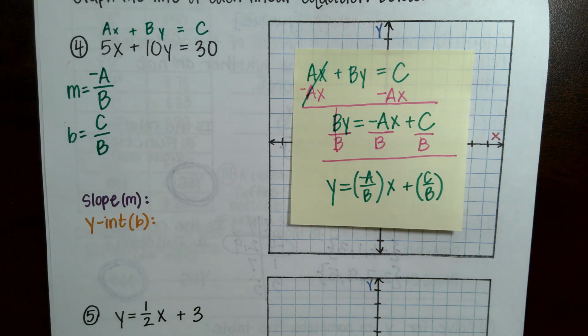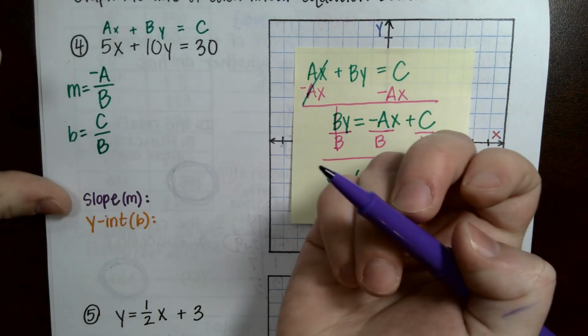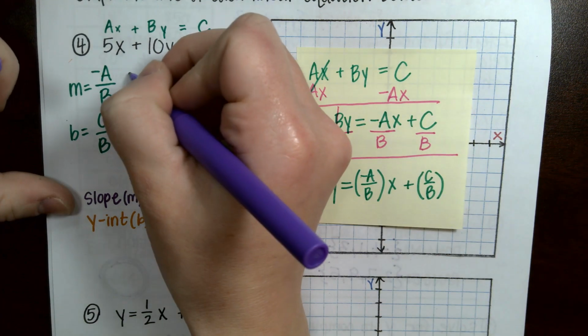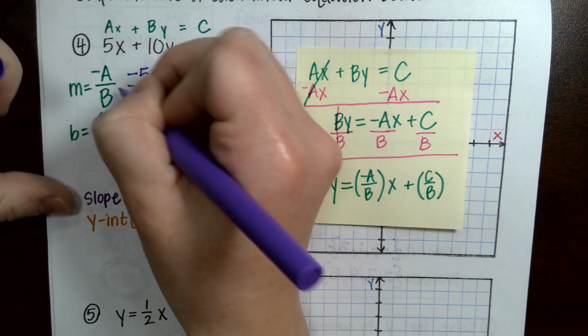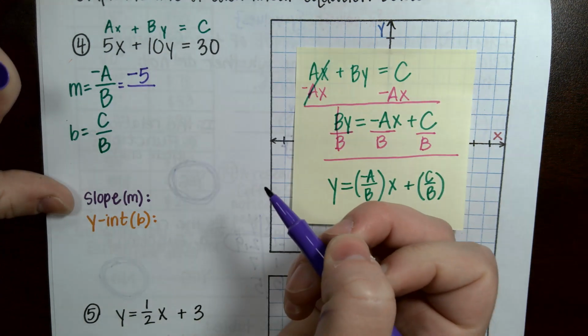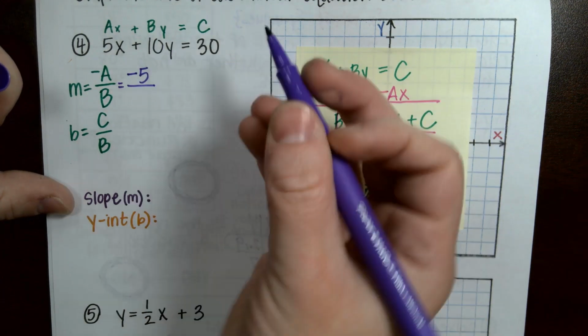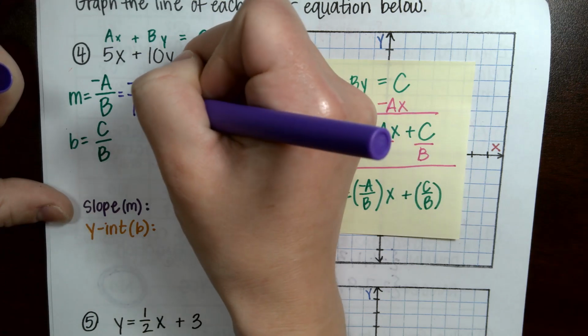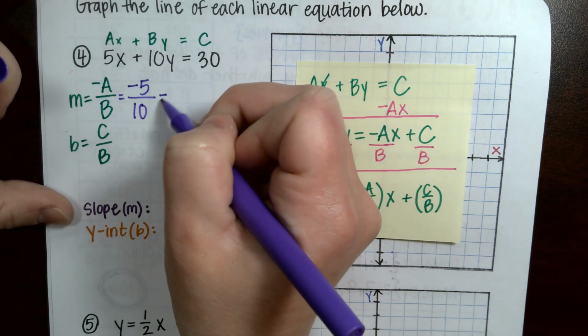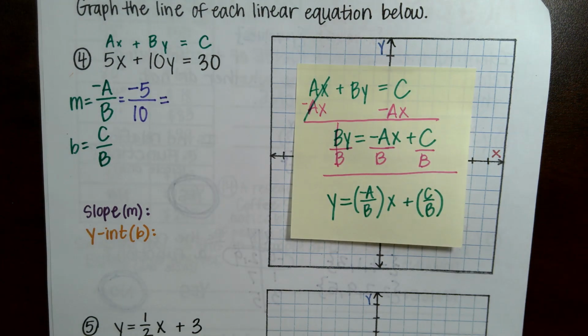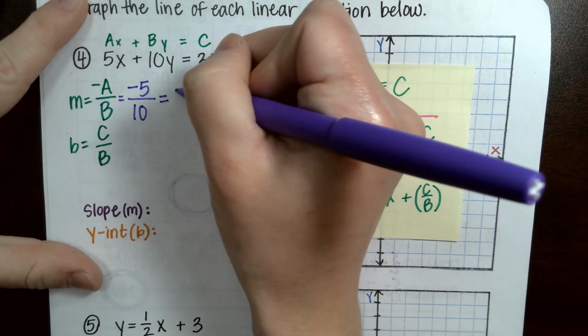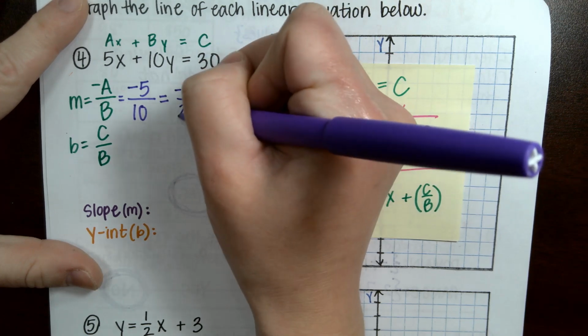So what am I going to put on top for my slope? -5. Good. And what's b? 10. So I'll put 10 right here. And we can simplify this. What is the simplest form of -5 over 10? -1 over 2. Good.